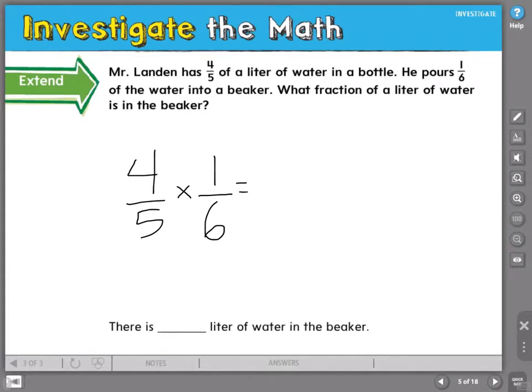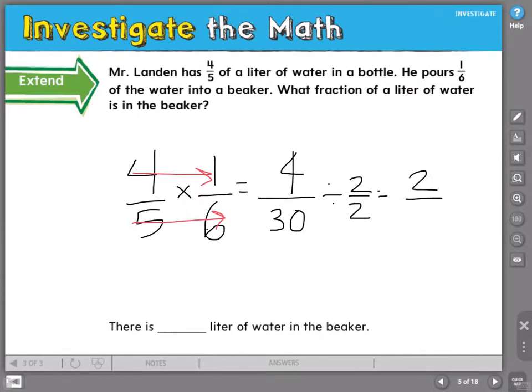I know that I can simply multiply my numerators and multiply my denominators. 4 times 1 is 4. 5 times 6 is 30. Both of these numbers are even, so I know that the simplest form is 2/15. There is 2/15 of a liter of water in the beaker.